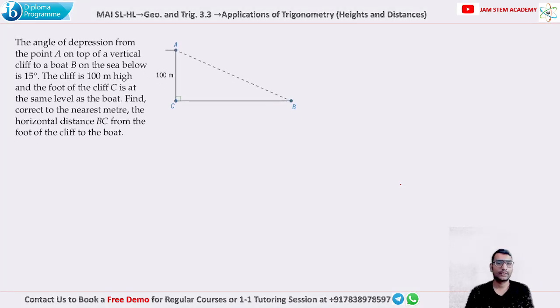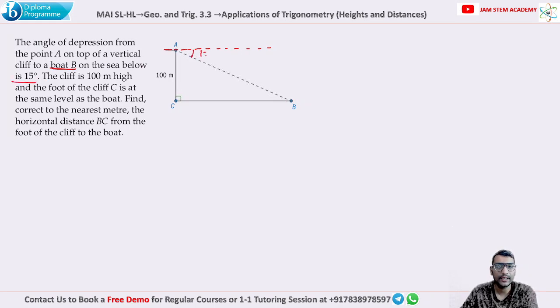Now, this question says the angle of depression from the point A, there is an observer standing at point A. From this point, the angle of depression, so this is the horizontal level. Always, angle of elevation or depression are made with the horizontal level only. To the boat B is 15 degrees.